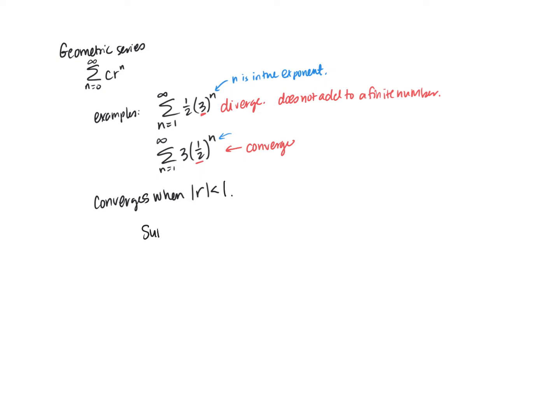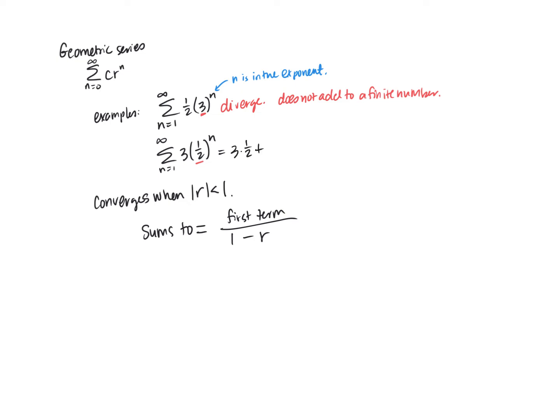It sums to this thing. You're going to do the first term divided by 1 minus the ratio. So in this case, this series here that converges, well, let's see what the terms of it are. If n is 1, it's going to be 3 times 1/2.